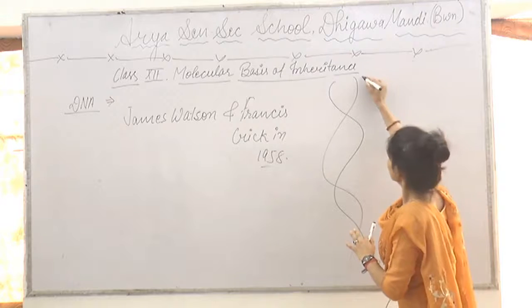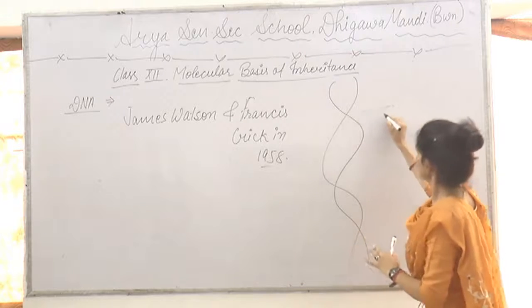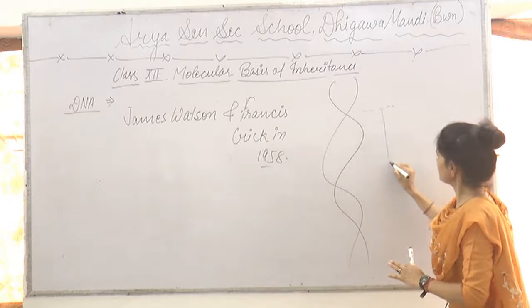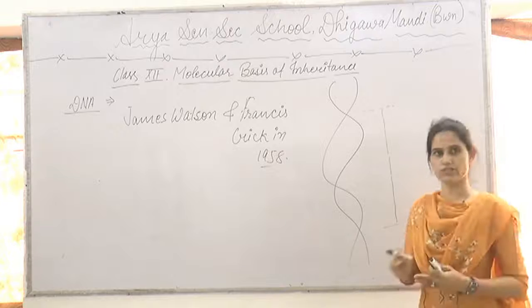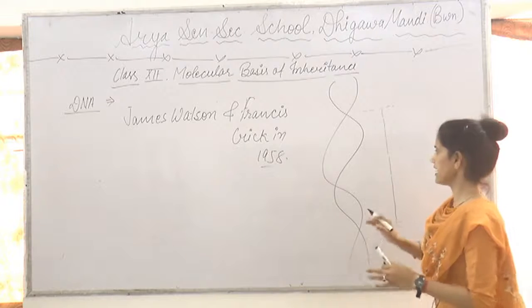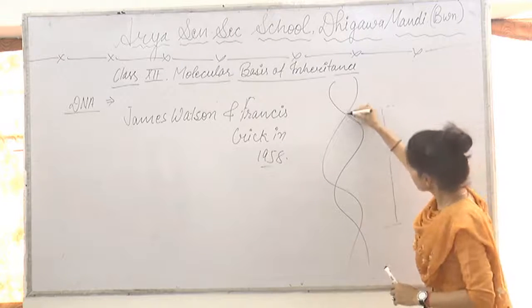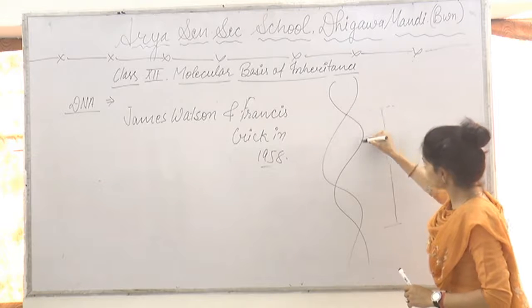This model says that the DNA is made up of three things: nitrogenous base, pentose sugar and phosphate group. This is one helix, starting from here to here.